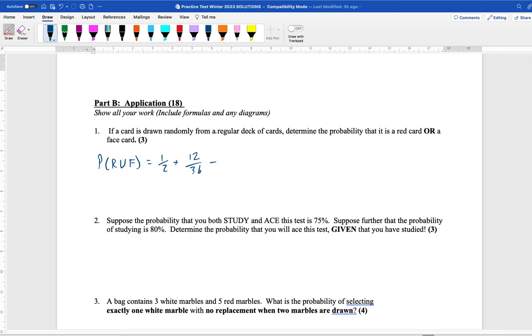We're going to minus off. There's 6 face cards that are shared between red and face cards. So there's the red king, 2 red kings, 2 red queens, 2 red jacks. So 1 over 2 plus 12 over 52 minus 6 over 52. So 2/3 is our final answer here.